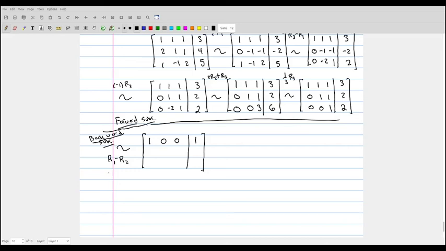And then we'll also do R2 minus R3 as well. That'll be 0 minus 0, 1 minus 0, which is 1, and then 1 minus 1, which is equal to 0. That becomes 2 minus 2, which is 0. And then lastly, Row 3 will stay the same.